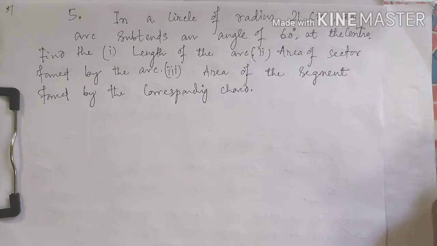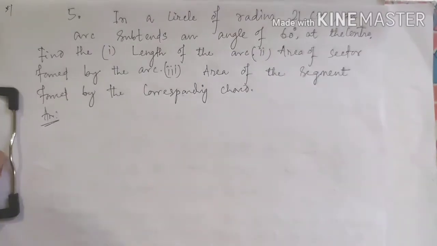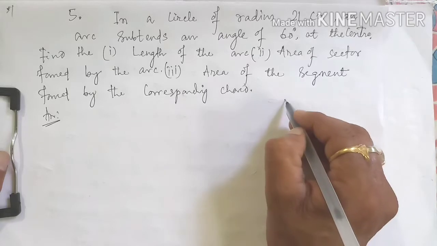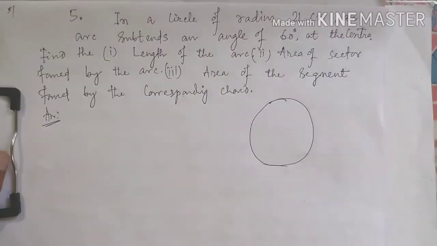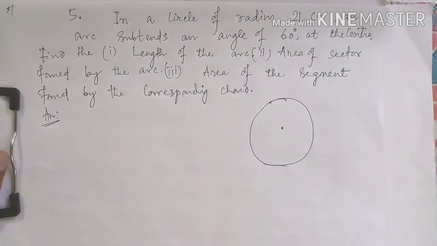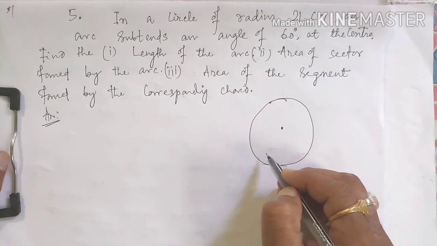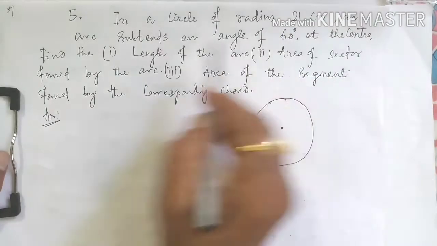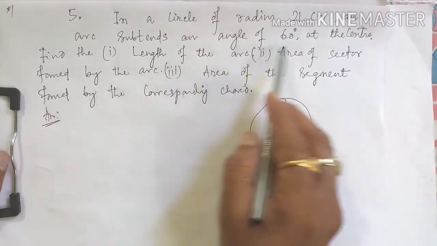Okay, so here, students, you have to learn something that in the last class we taught you: what is sector and what is segment. Before this, I am drawing one figure here. In a circle of radius 21 centimeter, an arc subtends an angle of 60 degree at the center.